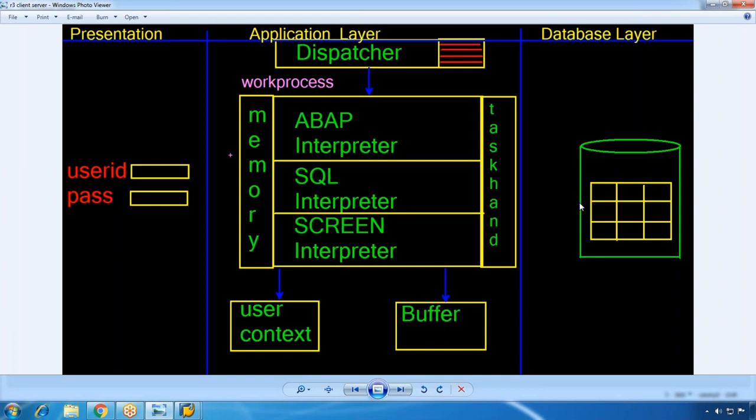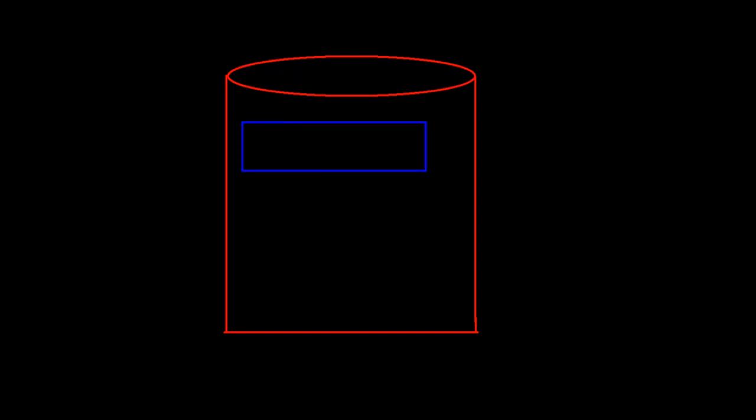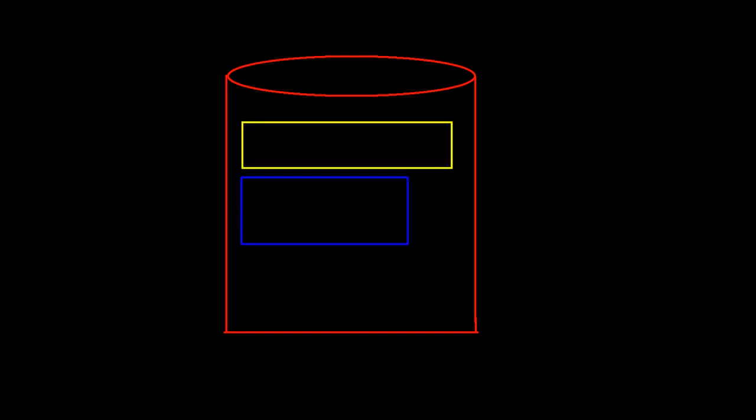If you take the database, it has tables, and everything is stored table-wise only. The data is stored in the form of tables, and a table has rows and columns.